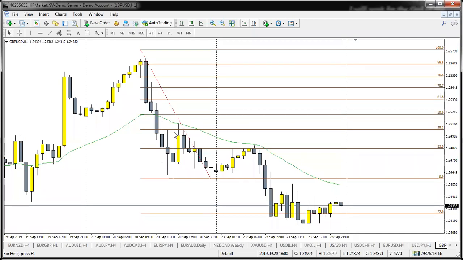So if you're entering the market at 50.0 or 61.8, there's a difference between those three levels.